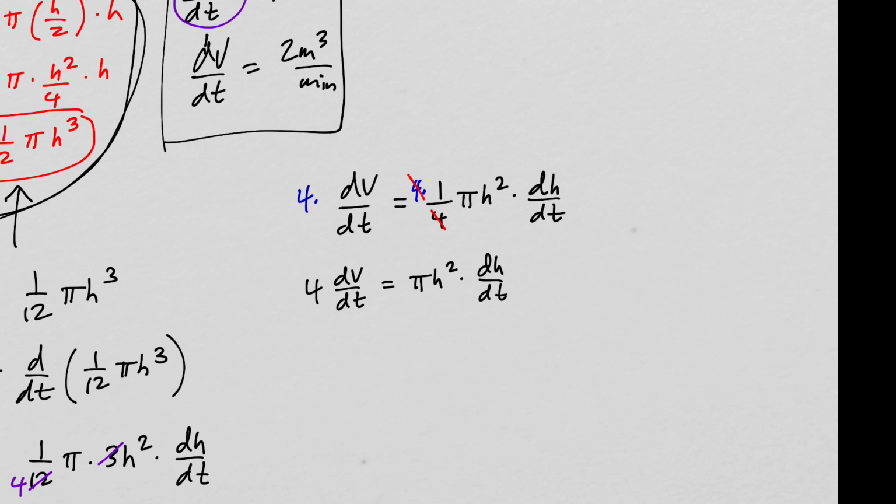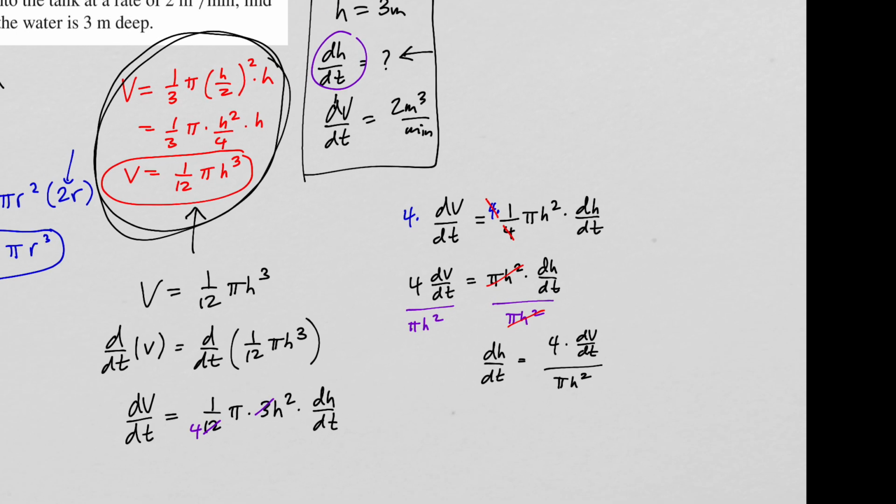And then to solve for dh/dt, I will divide both sides by pi h squared. This will cancel out, and we end up with dh/dt is 4 times dV/dt divided by pi h squared.